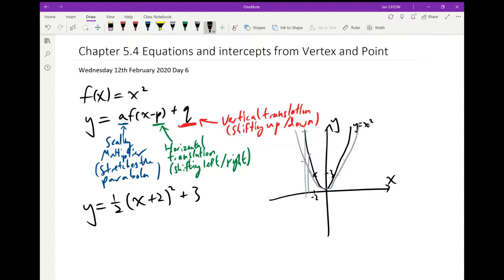And then my new graph is actually going to look like this. So it has shifted 2 places to the left and 3 places up. That's the new vertex. And it's also more squished, not stretched, because it's only half of the normal one.